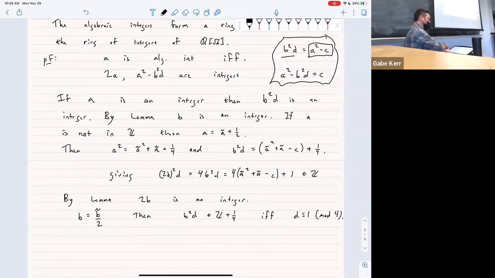Okay, so now the question is, well, this is where the argument sort of stops. But I want to verify, let's say why this is true.